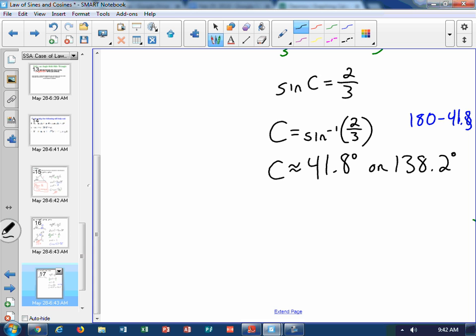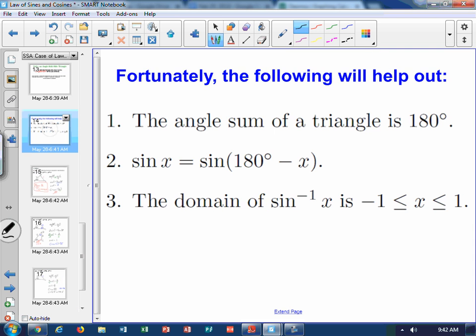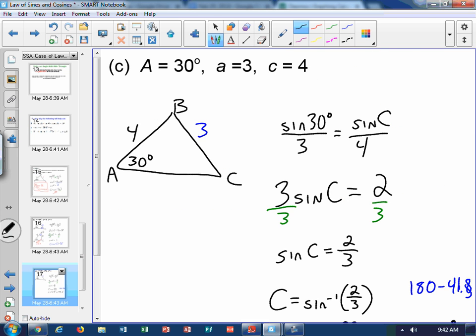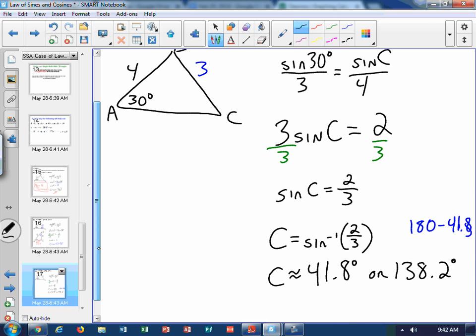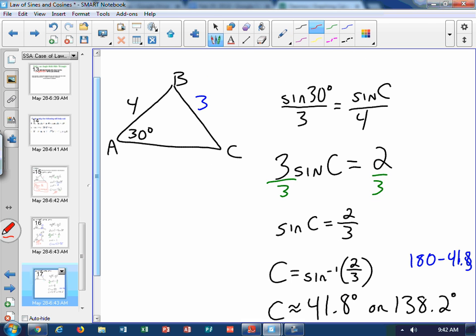If we do the sine of 41.8 in our calculator, it's going to give us the exact same answer as the sine of 138.2. Now, here's where we need to also keep in mind that, again, the angles of a triangle are going to add up to 180 degrees. The 41.8 degrees for angle C, there's no problem there. We have 41.8 plus 30 degrees.